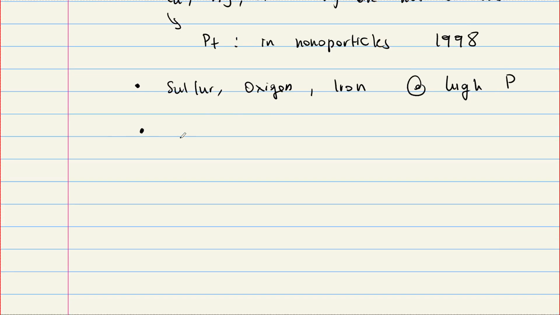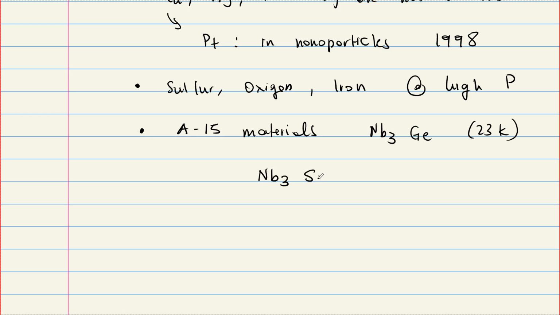There are so-called A15 materials. So for example, one is niobium 3 germanium, this is 23 Kelvin. And another one is niobium 3 selenium, I think this is at 18 Kelvin. And these two materials are very important because these are very robust superconductors.